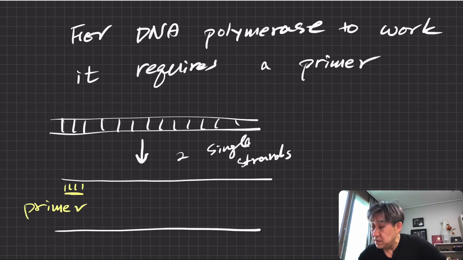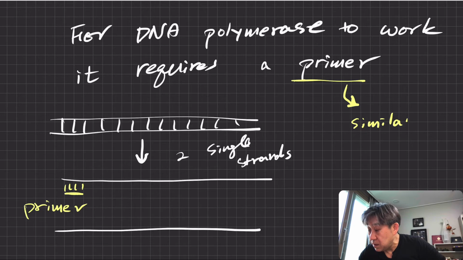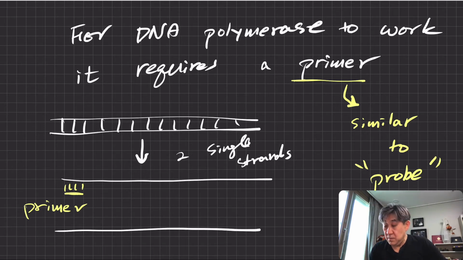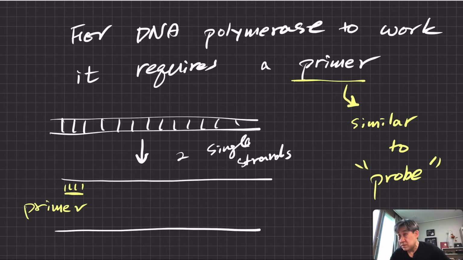Primer is practically very similar to a probe, right? Because between the primer and the target DNA to be amplified, to be replicated, a complementary base pair relationship should exist.